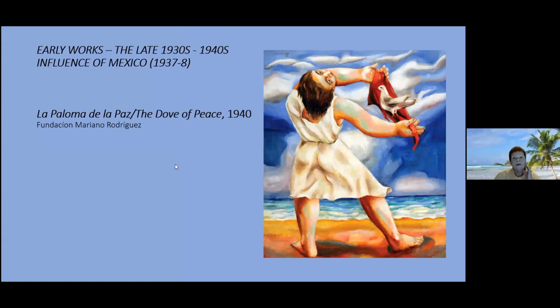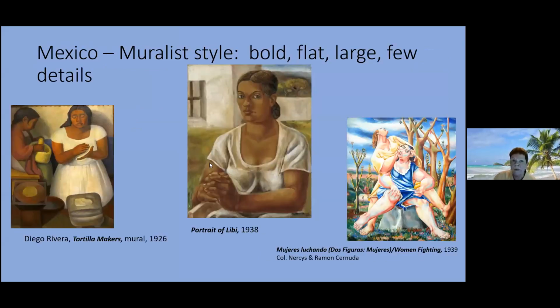So the early works in the 1930s and the 1940s show the influence of Mexico. Here is La Paloma de la Paz, the Dove of Peace from 1940. And I think you can see these heavy, volumetric, bold figures. And we're going to see how this changes throughout his career through the images of women.